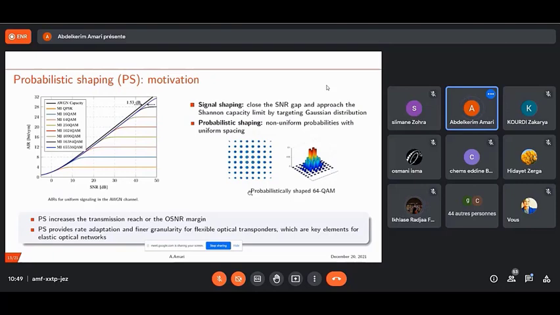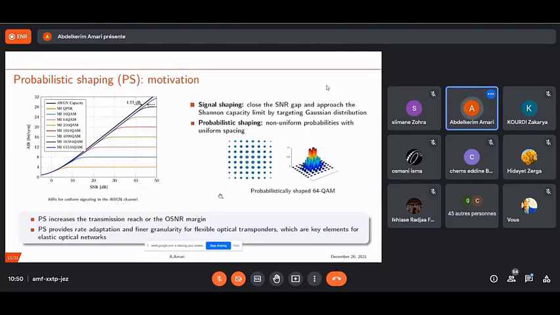Here we have the constellation of a 64 QAM shaped signal. We can see here the PDF, or the probability of occurrence, where the inner constellation points occur more often than the outer corner points. This is to target the Gaussian distribution in continuous time, or the Maxwell-Boltzmann distribution in discrete time, which is optimal for the AWGN channel.